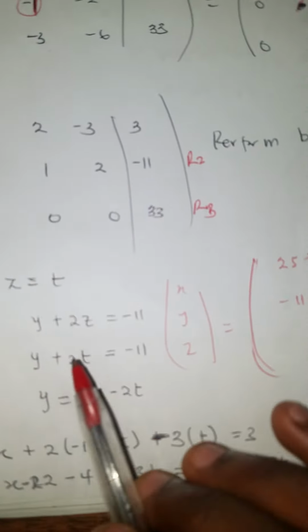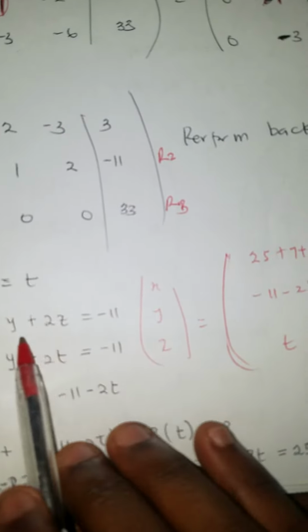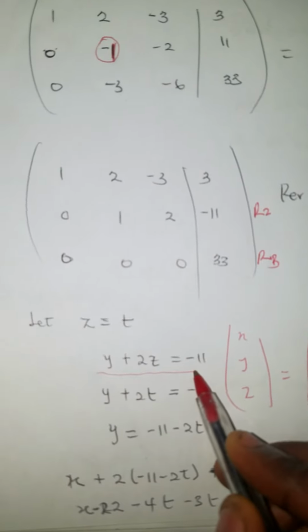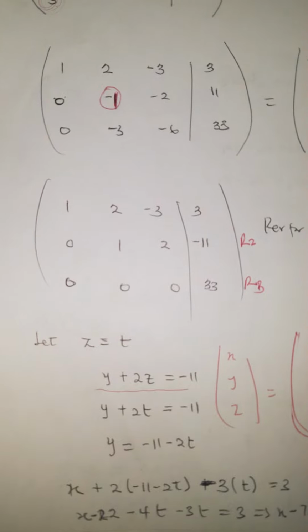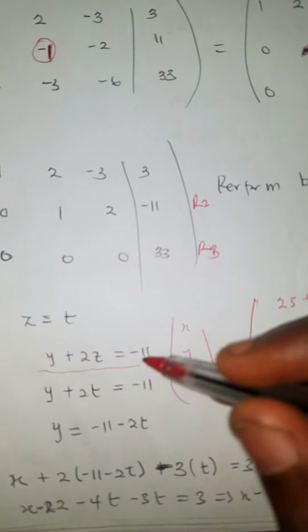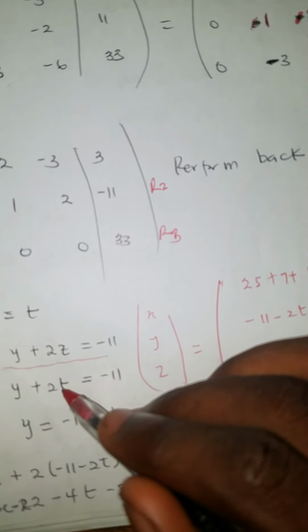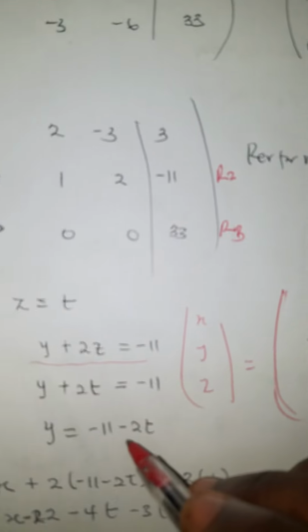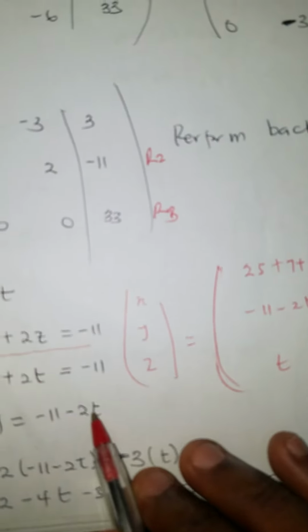So y plus 2z is equal to minus 11, but we know z to be t. Substitute it inside, and then your y is equal to minus 11 minus 2t.